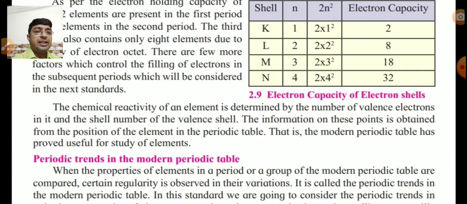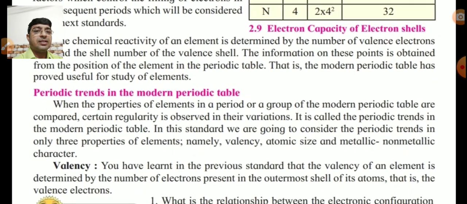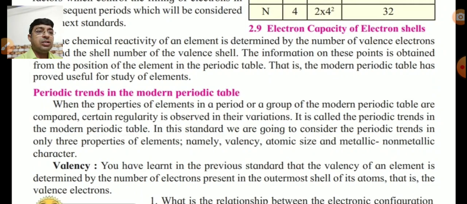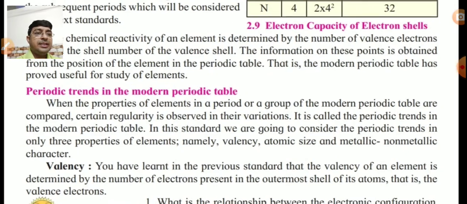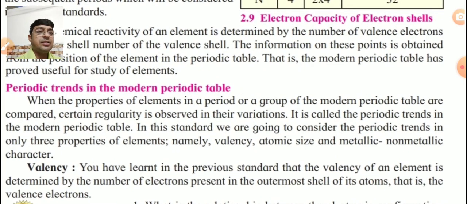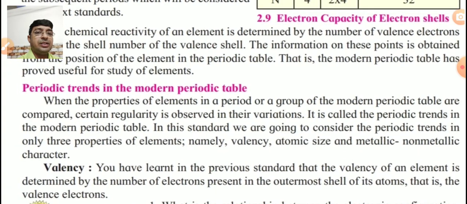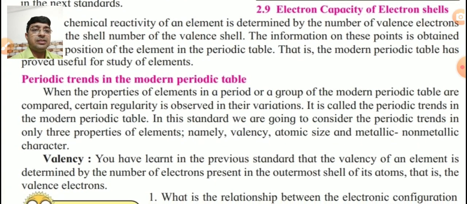Periodic trends in the modern periodic table. When the properties of elements in a period or a group of the modern periodic table are compared, a certain regularity is observed in their variation. It is called the periodic trend in the modern periodic table.